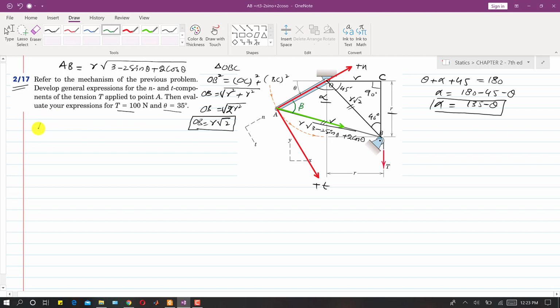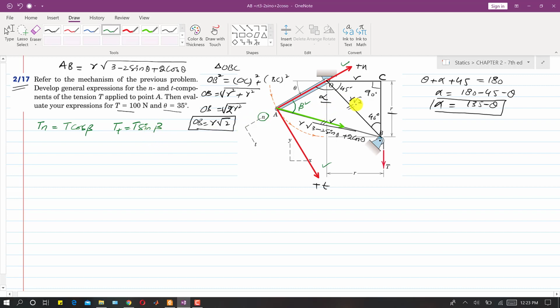Tn will be equal to T cos of beta, and these two red arrows will be the components. This is in the positive direction, and this is also in the positive direction. So Tn is T cos of beta and Tt is T sine of beta.